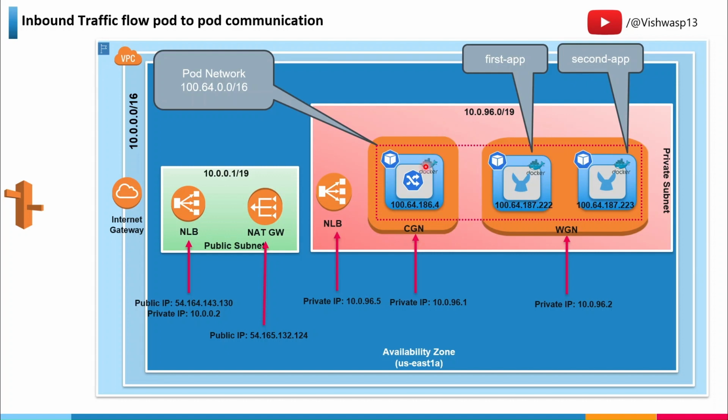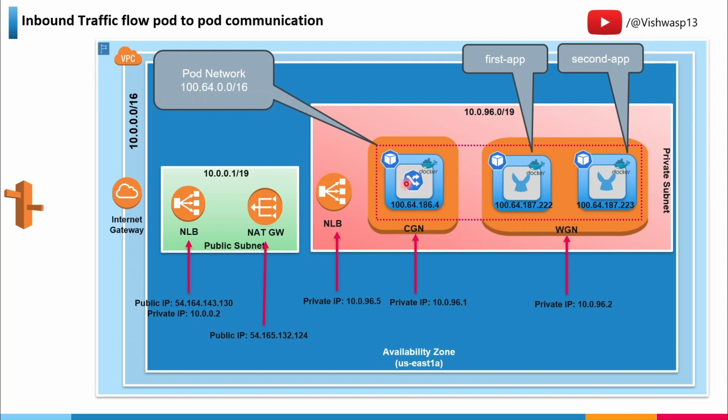All right, and this is how the apps actually look. So this is the pod and this red dotted box represents the whole pod network. Pod network, as you know, belongs to the 100.64.0.0/16 subnet. And this is the pod, and inside the pod you have a Docker container.